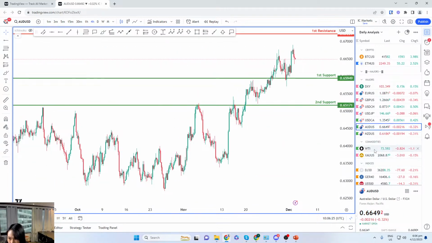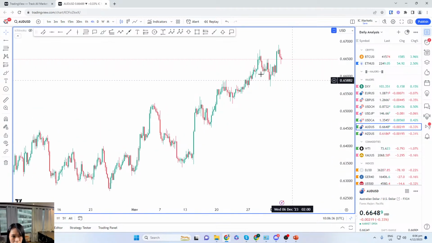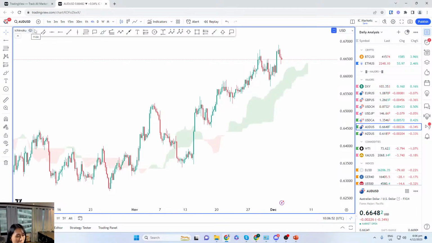So later on, we will also look at oil, gold, and some other indices. For me personally, I like to use the cloud just to identify the current momentum.